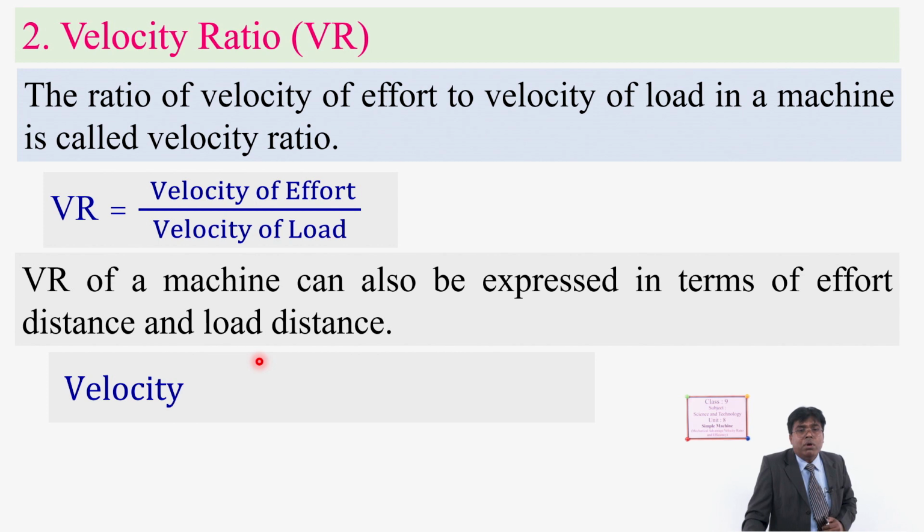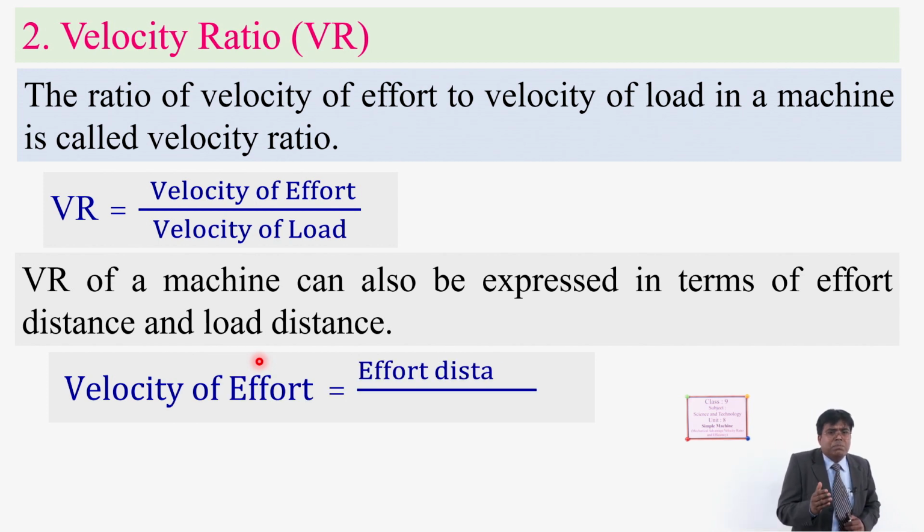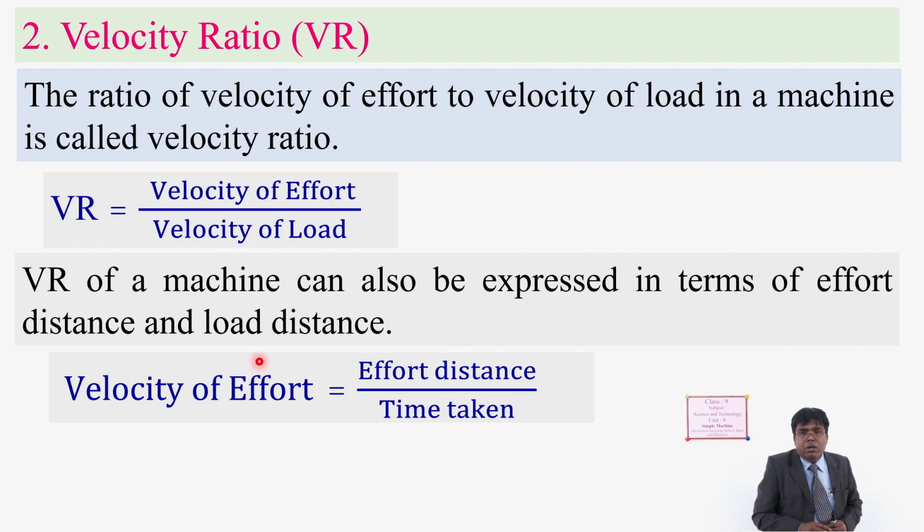Okay. So in the previous classes, you have learned about velocity. Velocity means distance covered by a body in a particular direction by time taken. Very simply, just tell it as velocity means distance by time taken. Okay. So velocity of effort means distance moved by effort by time taken. So distance moved by effort, shortly called effort distance.